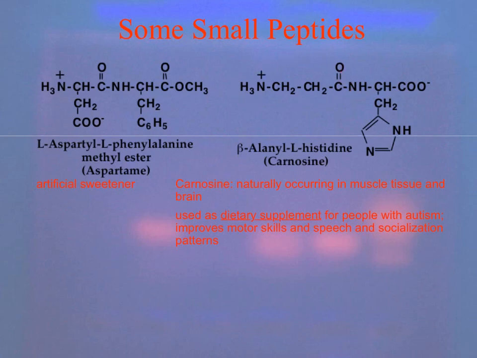This is a beta amino acid. So normally in alanine you'd have your methyl group here, but it's one carbon removed. And that's why it says beta-alanine. And if you remember from organic chemistry, the -yl just means that it's a substituent. So it's beta-alanyl-L-histidine.